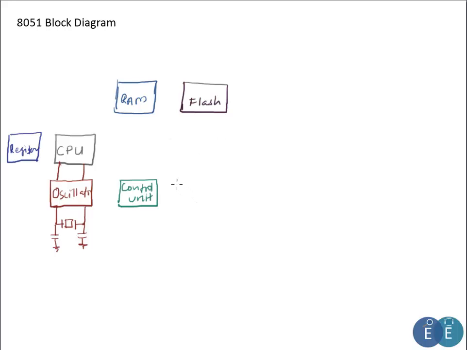So we have something called IO ports. The 8051 has 4 IO ports, P0 to P3.